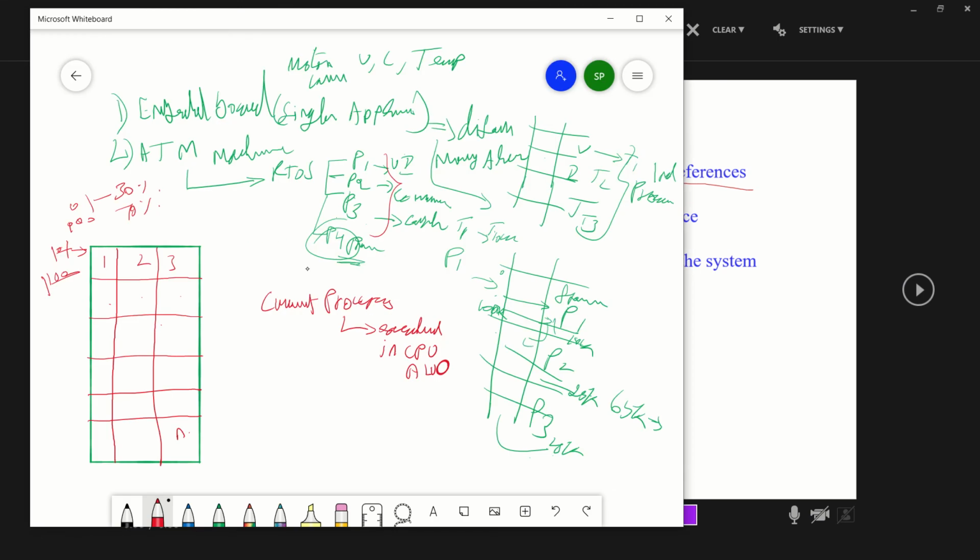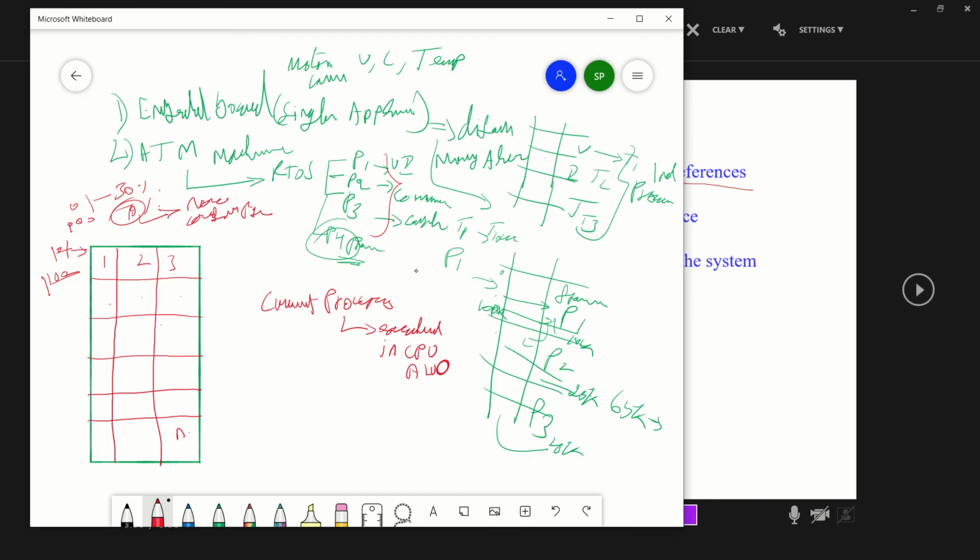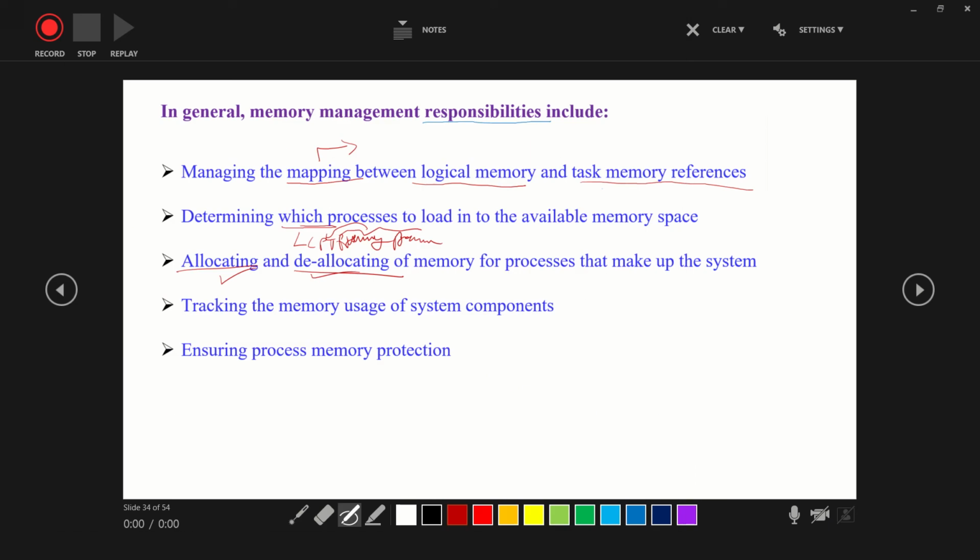I am also going to collect these memories to form a non-contiguous memory page. So that is allocating first, next deallocating. In memory deallocation, if the process is over, the memory allocation is removed. So this effect we are going to see.